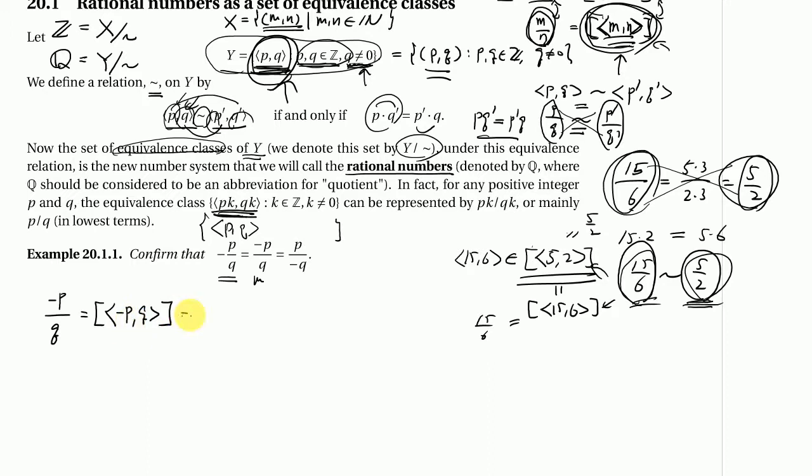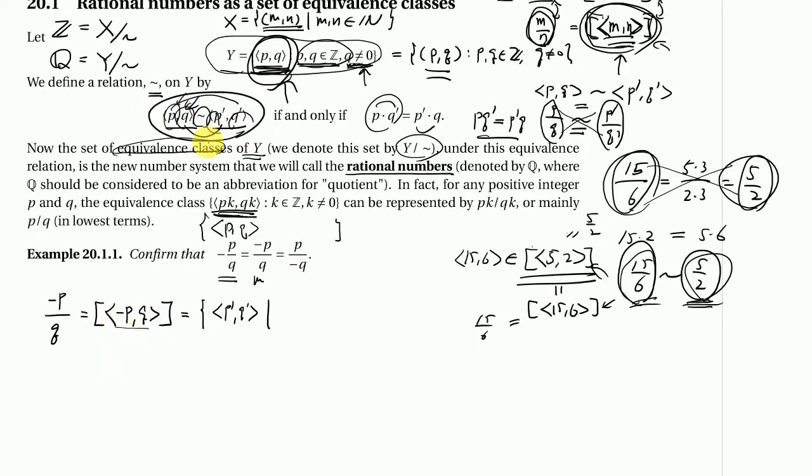Then according to our definition, this one is the set of any, how can I say, p prime, q prime, as an ordered pair, and this p prime, q prime has a relation with that, right?